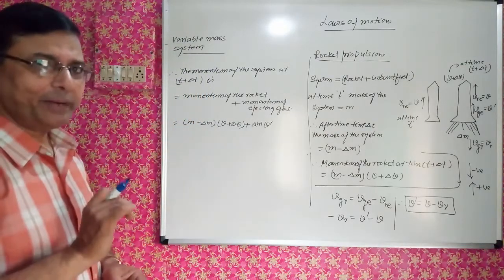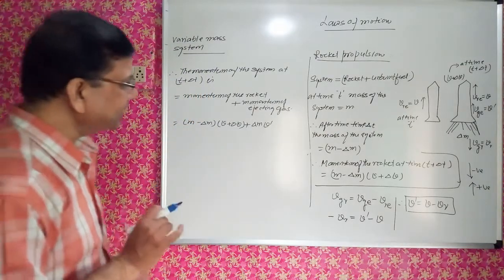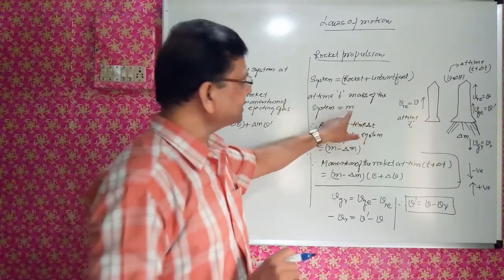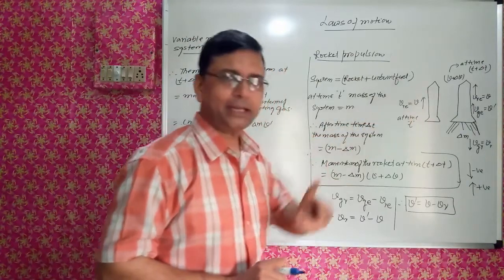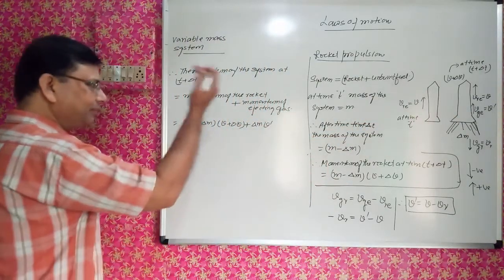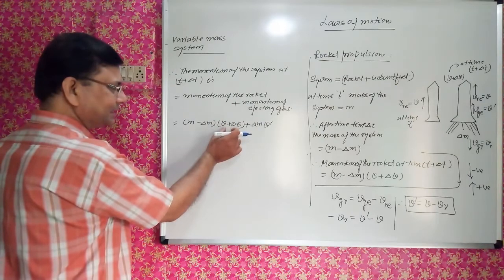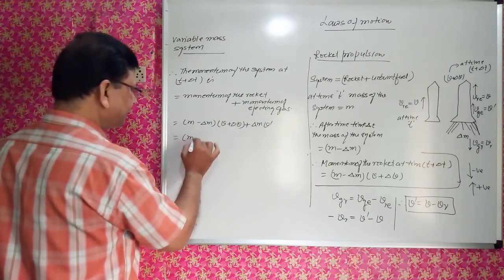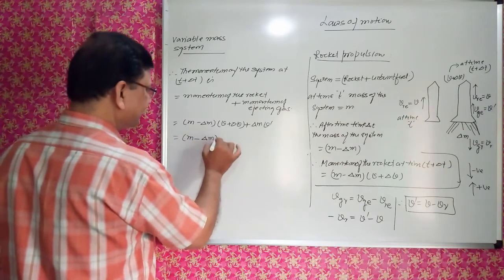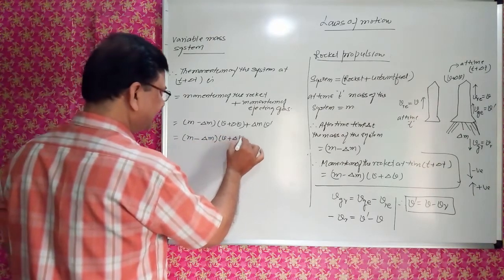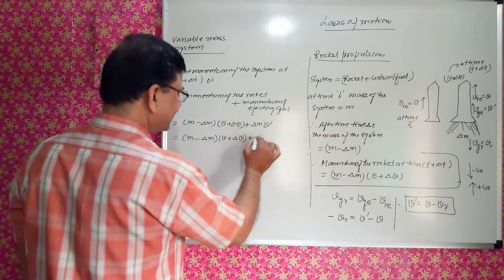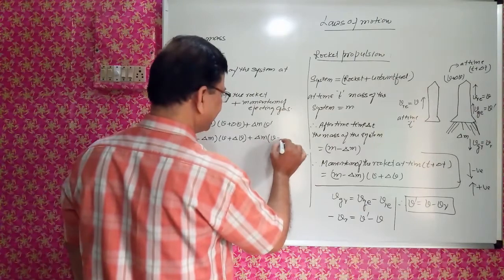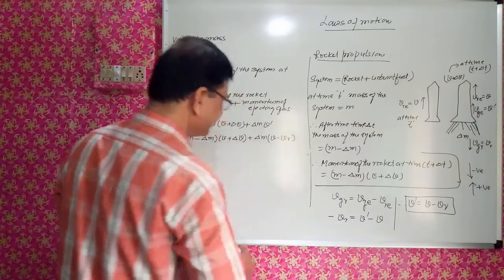Now, initial momentum, if you look at it, initially the mass of the system was m. So initial momentum is m into velocity v, right? Because after time delta t, velocity was changed. Therefore, that is equal to, we can write, m minus delta m into v plus delta v, plus delta m into v minus vr, right?